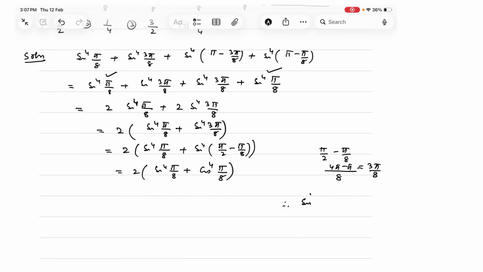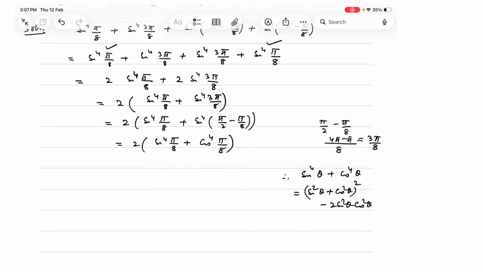Now remember one more important point. What is sine to the power of 4 theta plus cos to the power of 4 theta? It is sine square theta plus cos square theta whole square minus 2 sine square theta cos square theta. So it is 1 minus 2 sine square theta cos square theta.